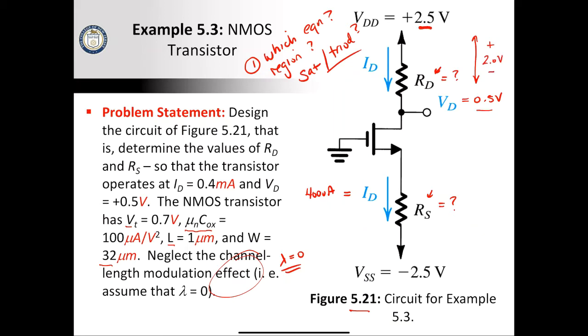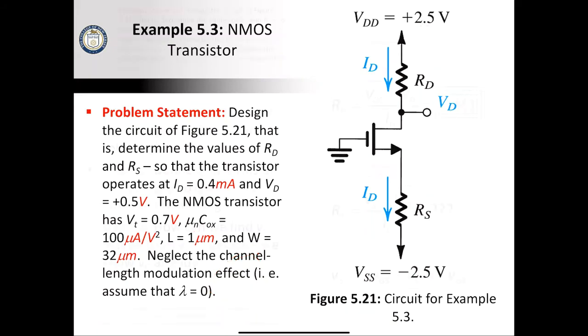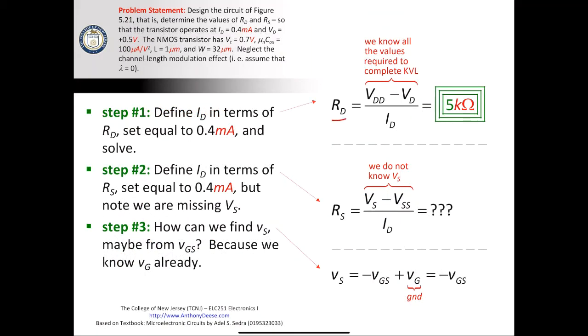And we also know what the ID value is, because it's the same up top. It's 400 microamps. So finding RD is going to be very easy. RD will be equal to 2.5 minus 0.5 over the 400 microamps, which gives us 5 kiloohms. Next step, we want to define ID in terms of RS.